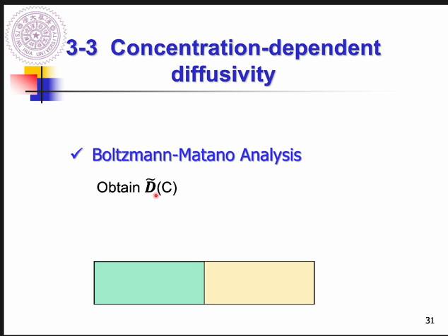At this moment, probably some people will ask, Professor, how do I know whether D is constant or changes with concentration in my materials of interest? The simplest way is to perform an experiment. For example, we have a diffusion couple, A bonded with B, and an interface in between.